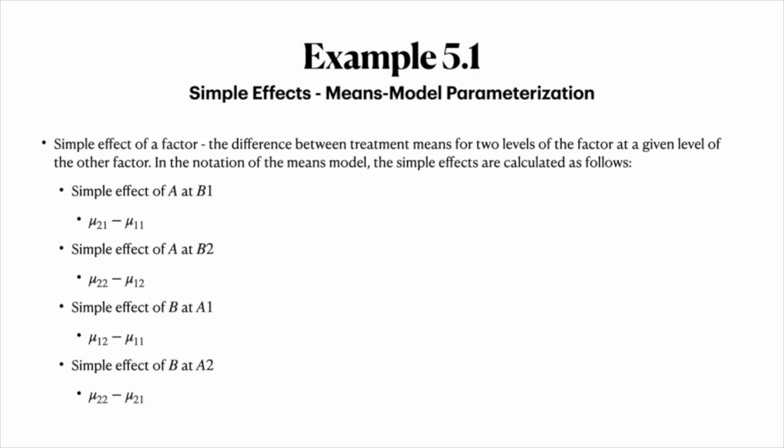So let's first calculate the simple effect of A at the first level of B. And so this is given by mu21 minus mu11. Mu21 is equal to 50, mu11 is equal to 70, and the difference is negative 20.